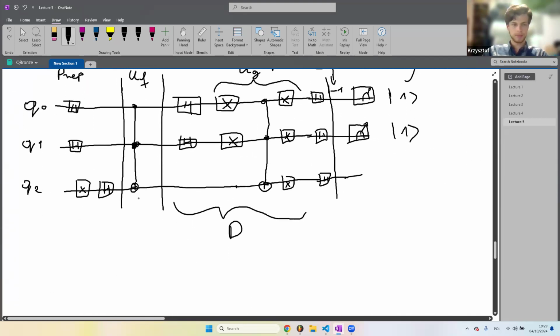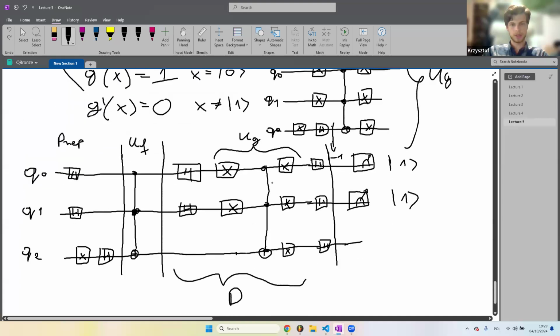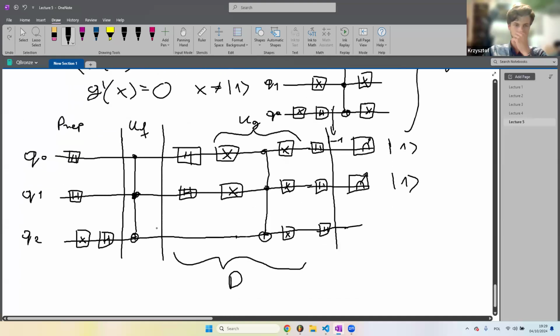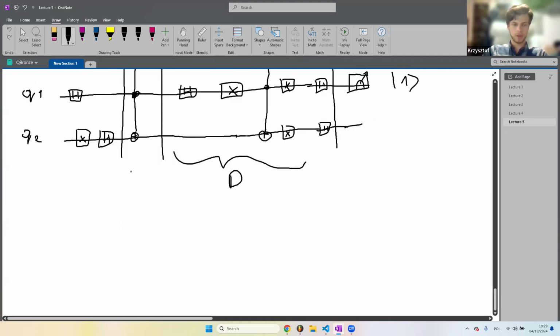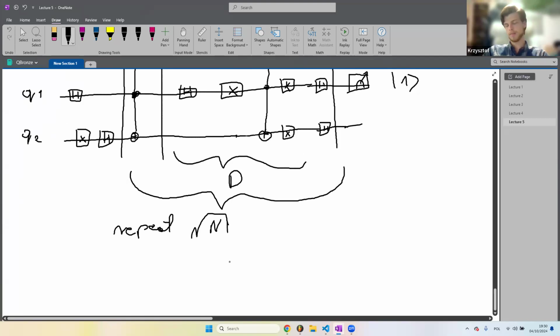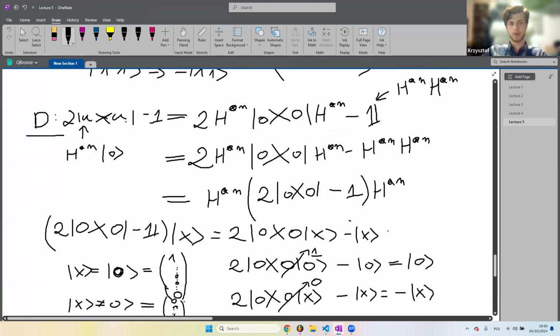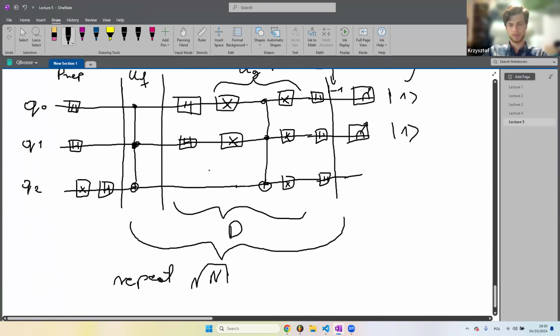In this case, we applied those two operators only once. But in general, you would need to repeat those steps square root of n times for it to be as close to the marked state as possible.